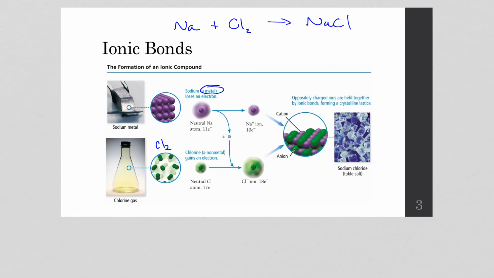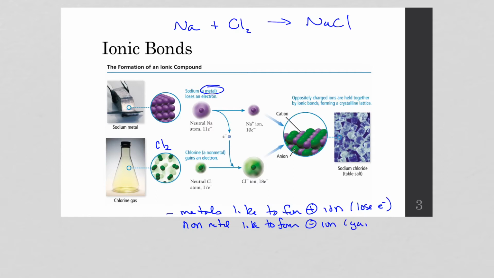Now, remember what we talked about last chapter when we talked about the formation of ions: metals like to form positive ions, in other words, they like to lose electrons, and non-metals like to form negative ions, in other words, they like to gain electrons.